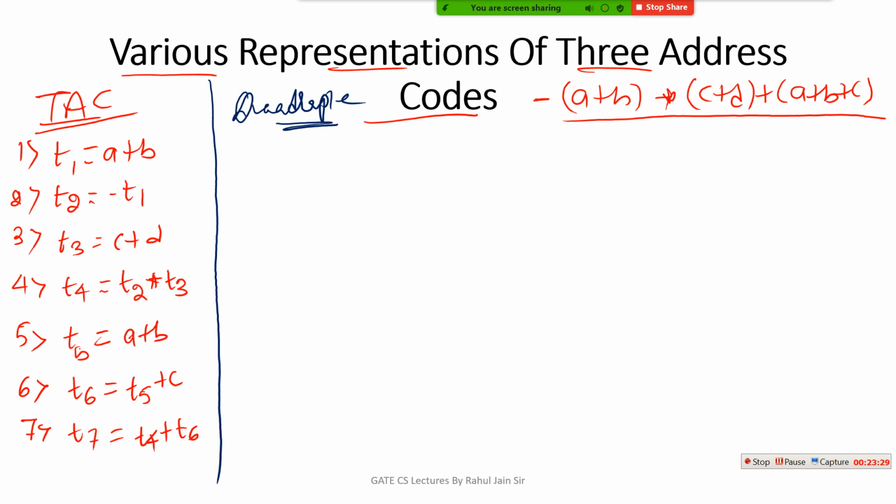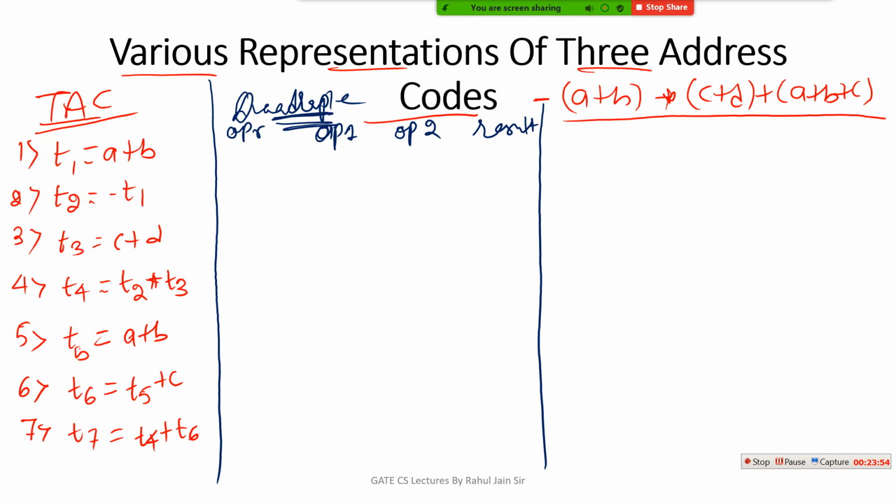Quadruple form means it will contain 4 entries in its table. The first entry will contain the operator, next one will have operand 1, next one will have operand 2, and the last will store the result. So these 4 entries I will have in the quadruple.